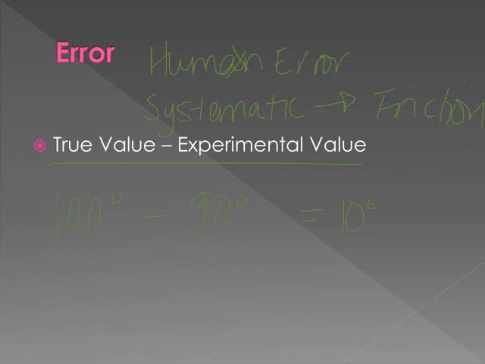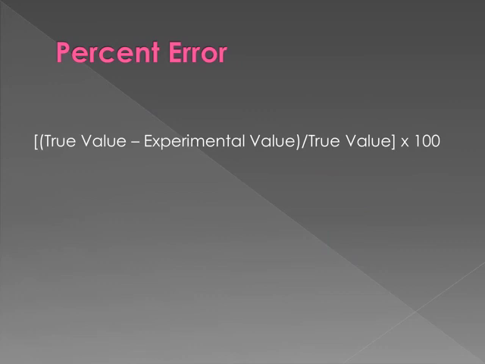This 10-degree difference may or may not be a big thing. But say the true value is 1,000 degrees and you get 990 degrees. Again, it's still a 10-degree error, but that's actually a lot less error. So the more indicative value related to calculating error is actually your percent error.